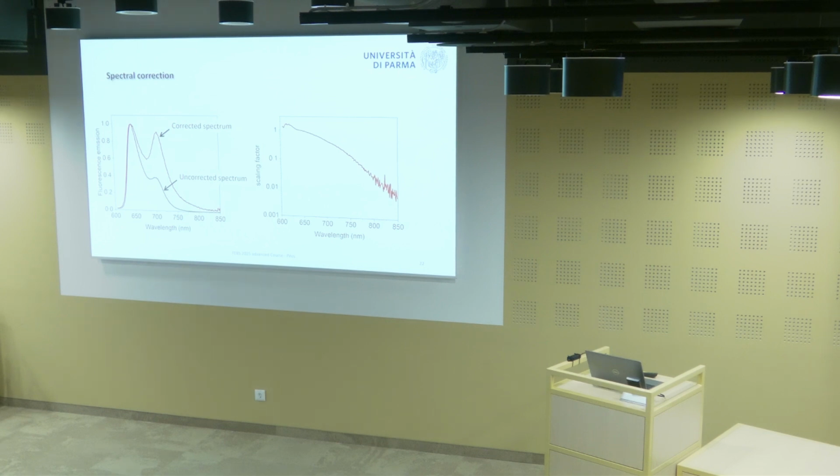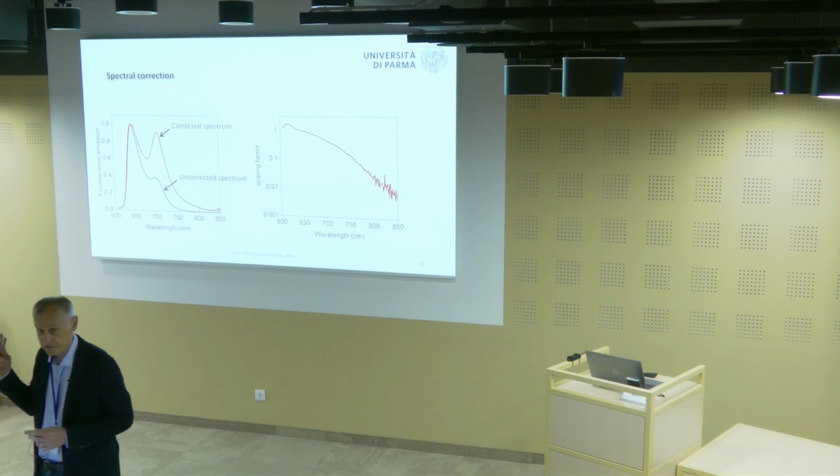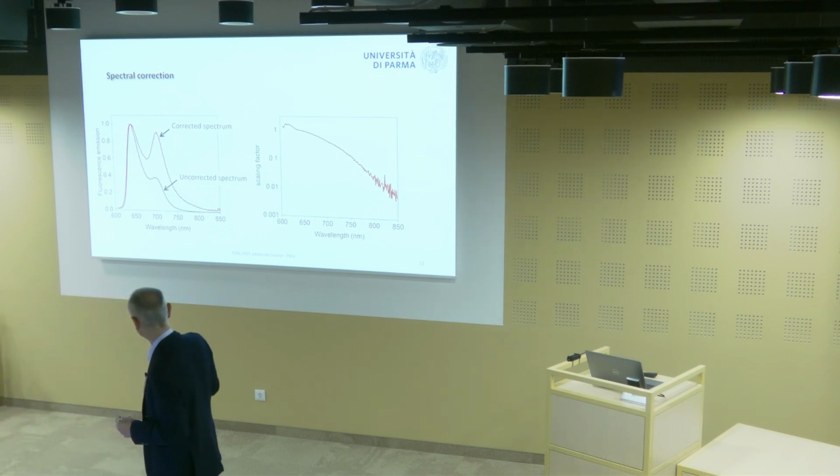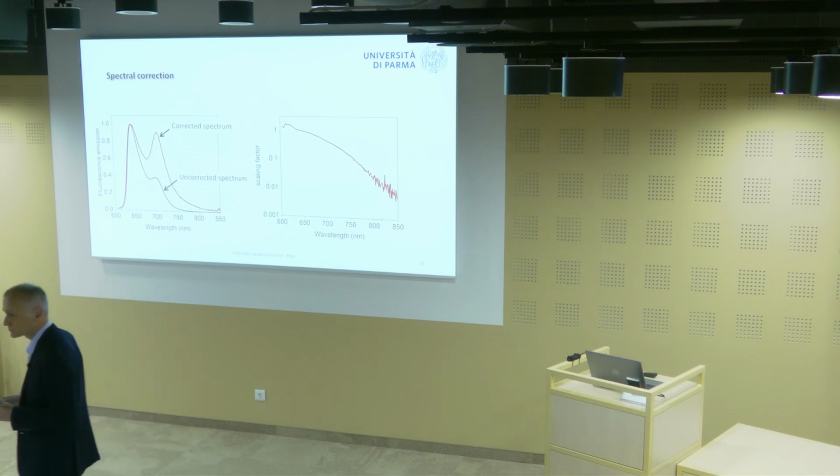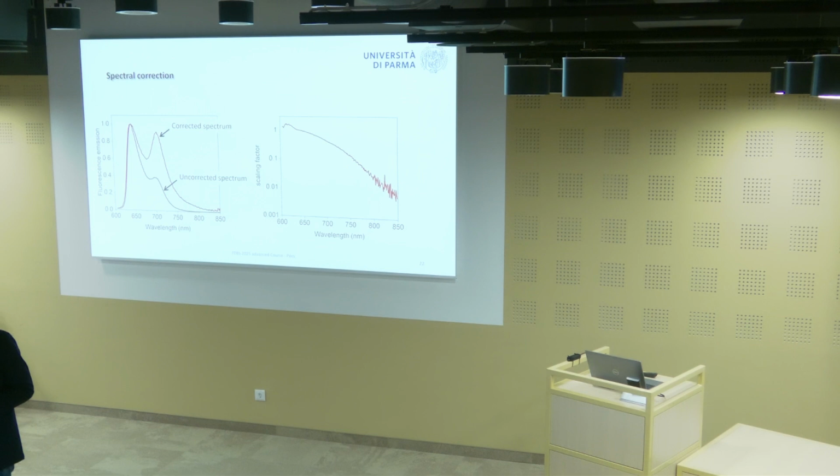What's the consequence of this? Well, you see two spectra here. There is this one, the dark red one. That's the uncorrected spectrum measured with the system I showed you before. And it looks like it has two emission bands, two vibrational transitions. They look nice, but if you measure with a corrected instrument, corrected for the PMT sensitivity, this is what you get.